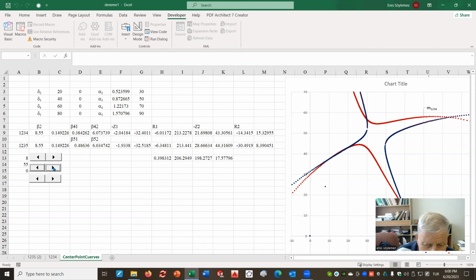Still decreasing, decreasing, decreasing, decreasing. Still decreasing. Now increasing. Okay.